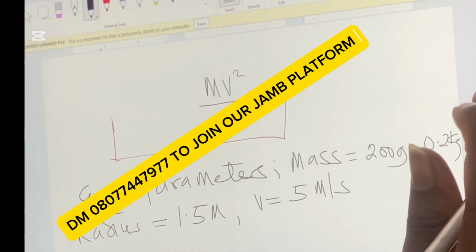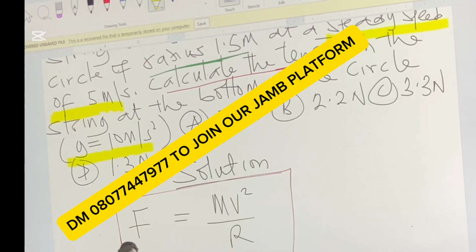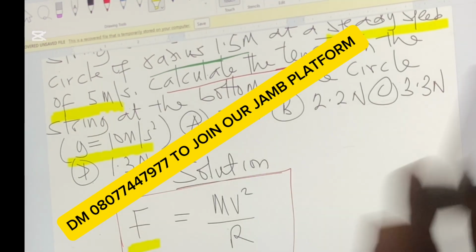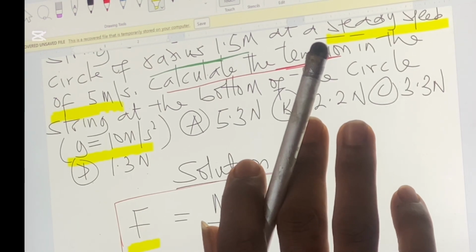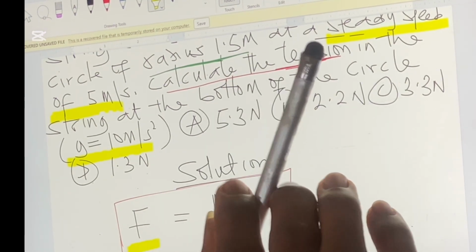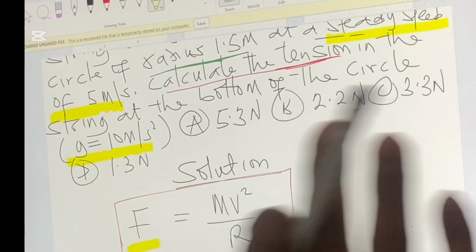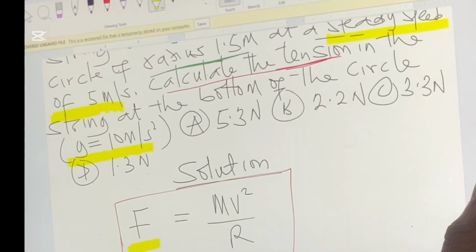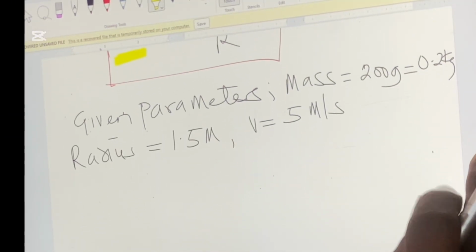Now the condition here is that this force here is not going to be force, rather you change it from force to tension. The reason is this, whenever you have a syringe or a rope, the force that will be felt on that rope is called tension. Please take note of that, okay? So the force F will change to T.